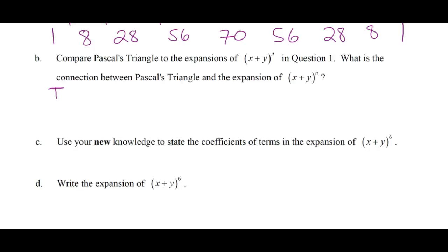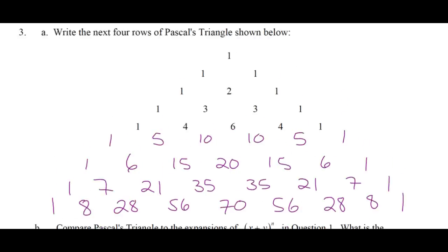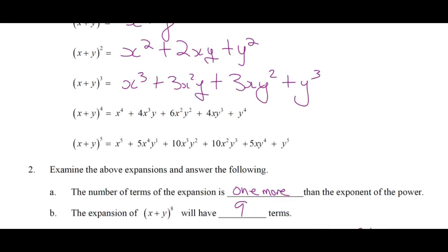So let's do this. The coefficients of the expansion of x plus y to the n are the same as the numbers in what row? So this is x plus y to the what? X plus y to the fifth, right?